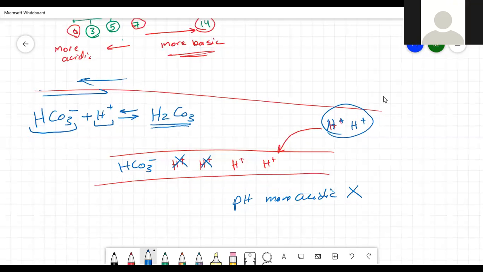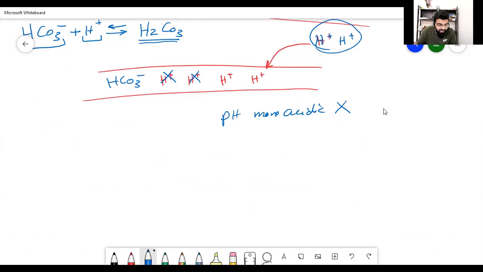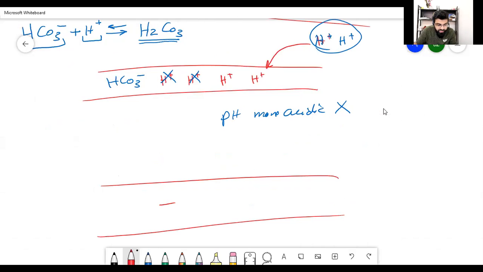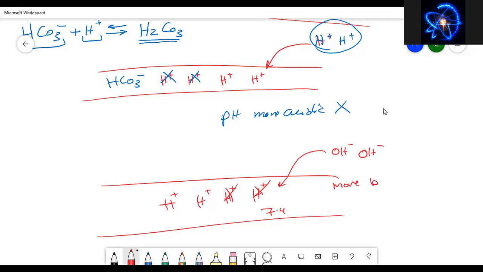Okay, what if, another example, the H plus in the blood, we just said, is maintained at pH 7.4. What if you eat food that produces OH minus, so that decreases the H pluses as we explained before, to make it more basic, right? But we don't want this to happen. How?